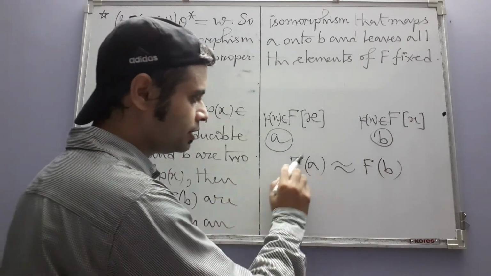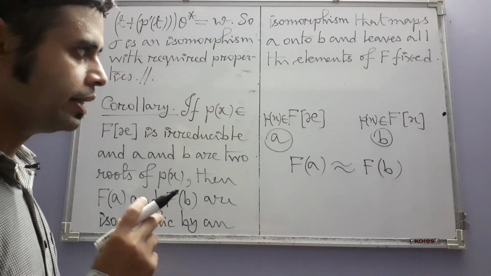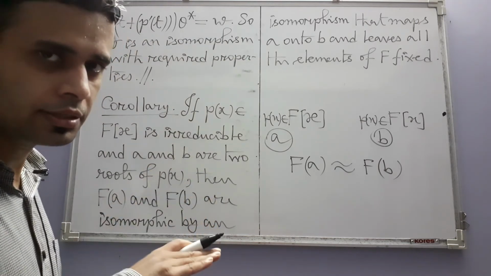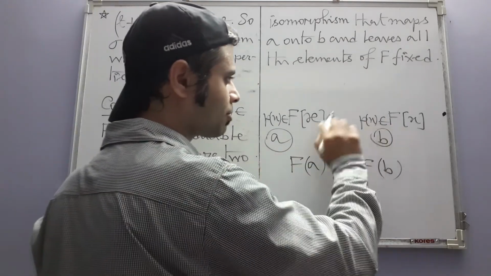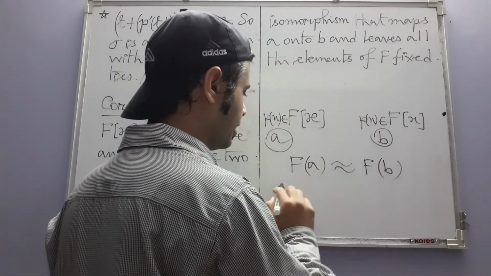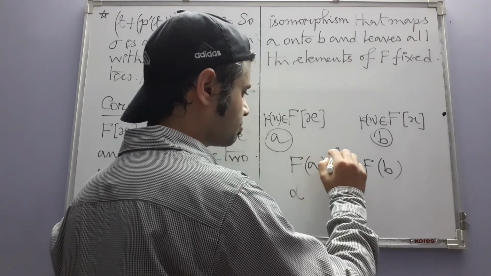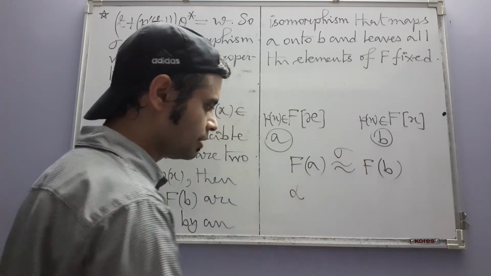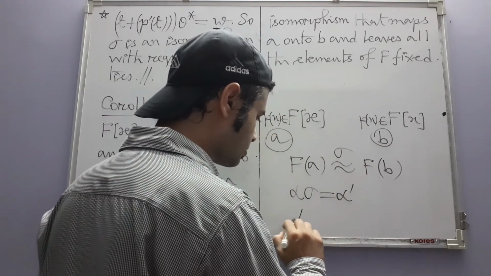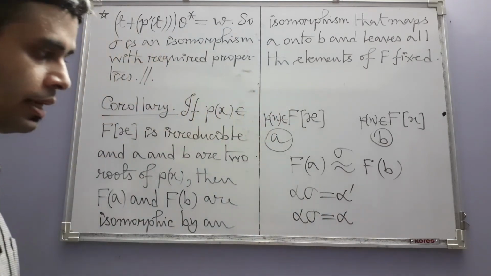In this case, V is A, W is B, and which leaves all the elements of F fixed, that we can say in this case, because actually we don't have two different fields, we have the same field. And if we are calling this isomorphism sigma, this equation reduces to this equation. But exactly how?